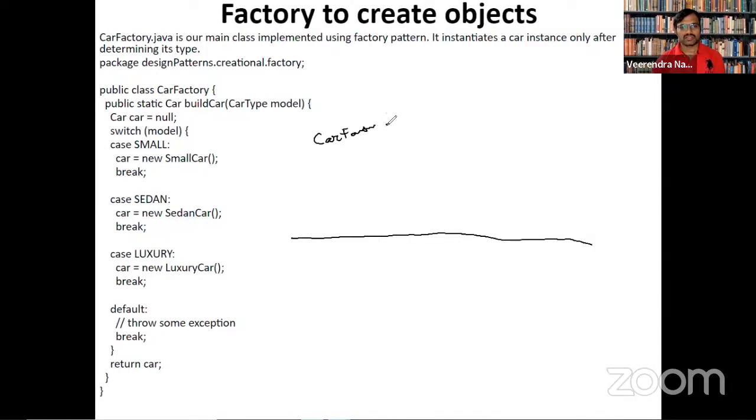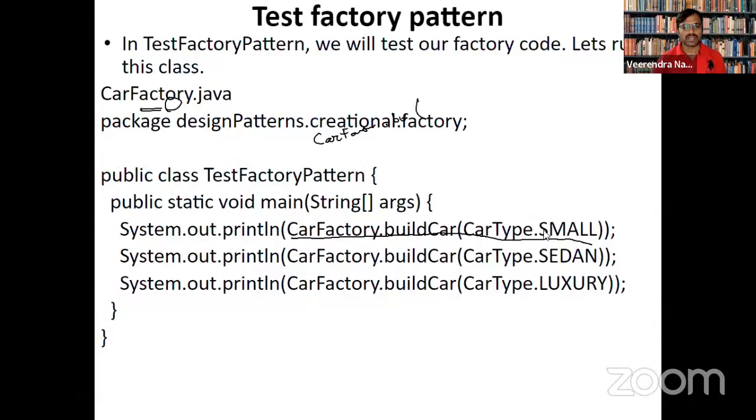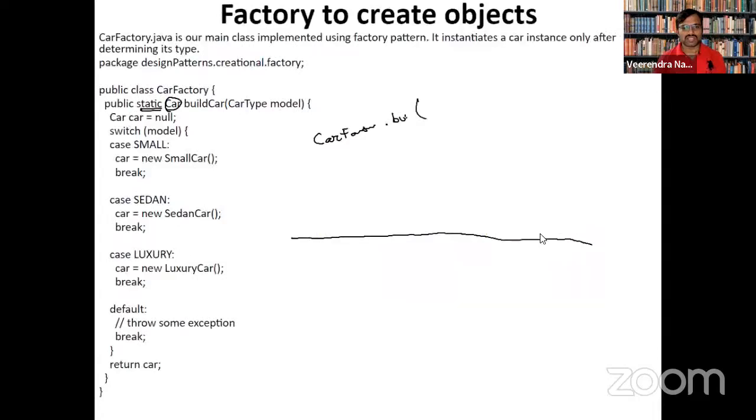It is called directly because it is static, and it is going to return the car type. You are saying build car type is small, so small is selected.